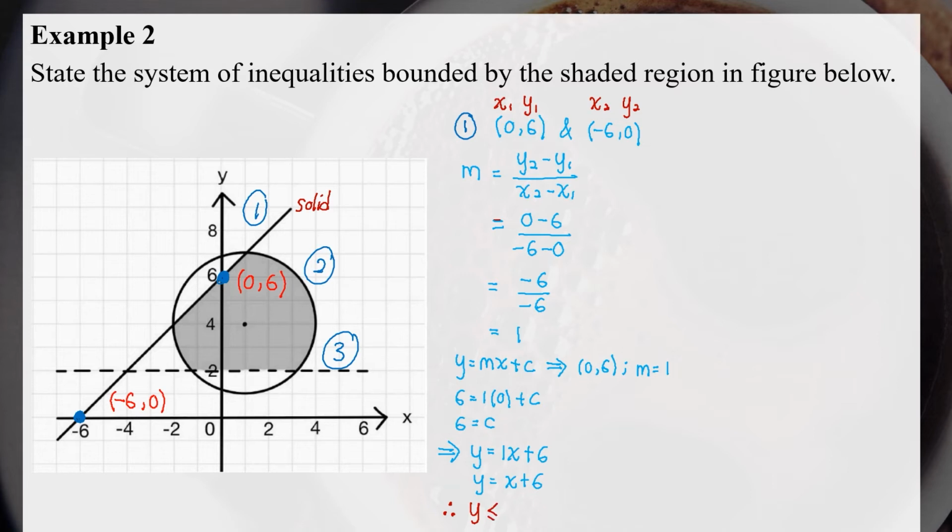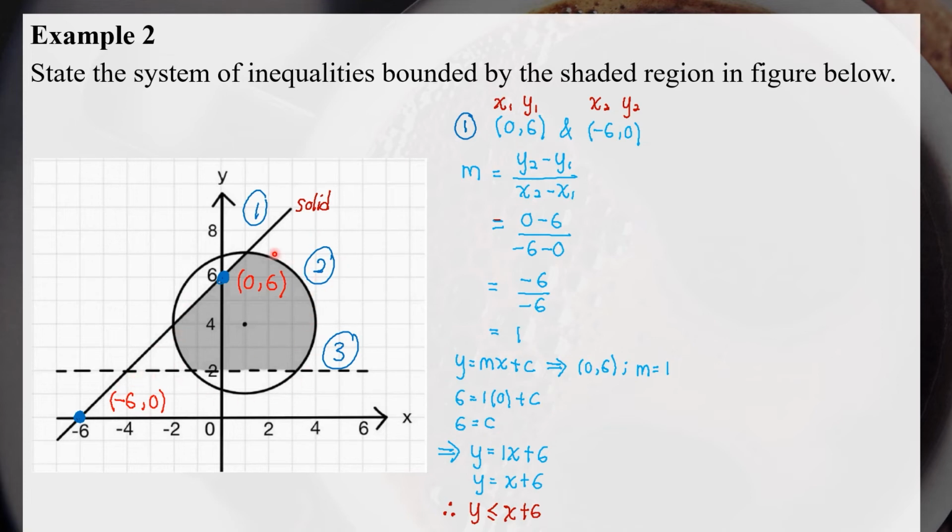Less than because the shaded region is below the graph. Since the shaded region is below the straight line, and this straight line is solid, y is less than or equal to x plus 6. So here is the first inequality.